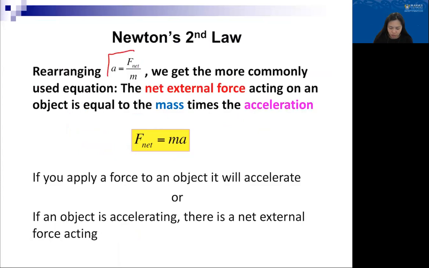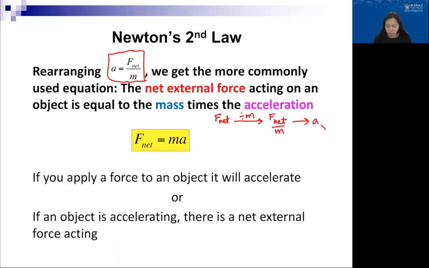So if you're starting from this starting equation for Newton's second law of motion and you want to isolate net force, the method we learned before, you build up the equation starting from what you want to isolate, F net. You divide that by the mass. Then you get F net divided by the mass, which is equal to acceleration.